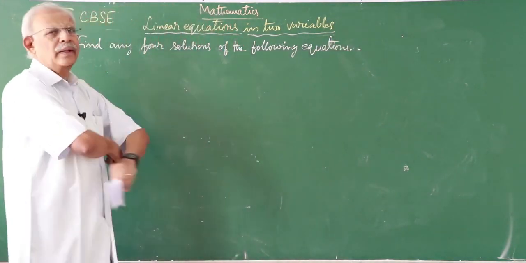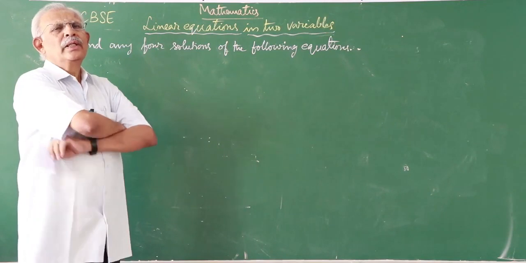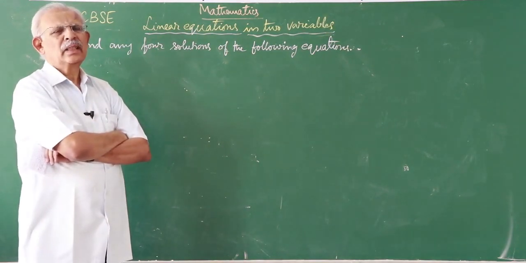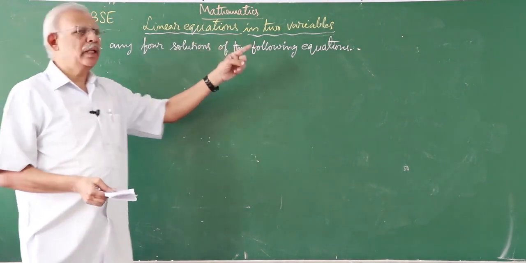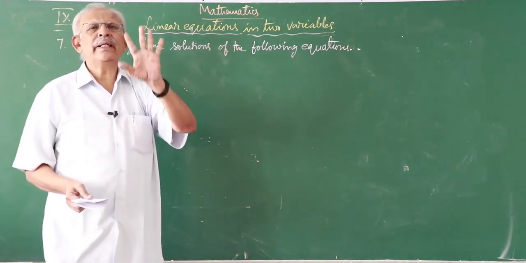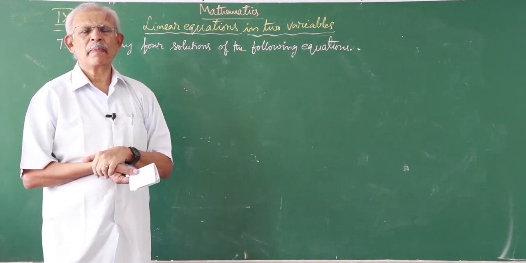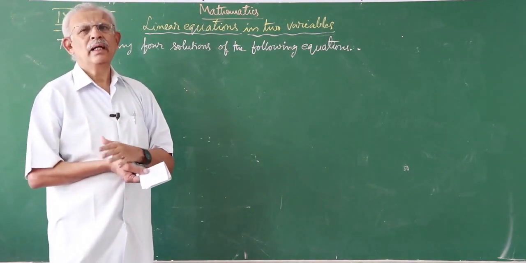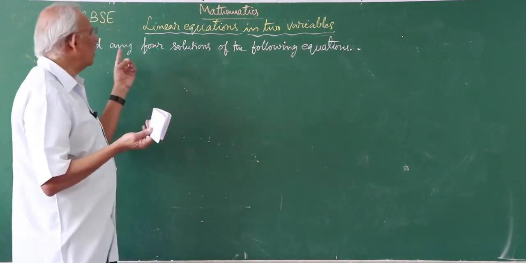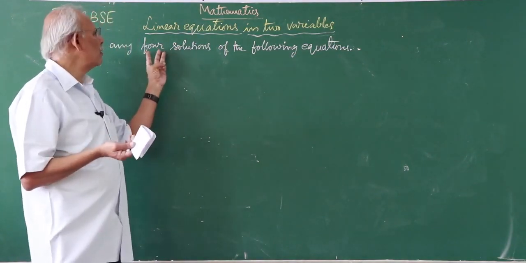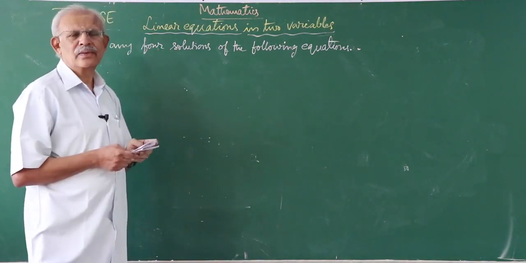Dear students, you have learned that a linear equation in two variables has infinitely many solutions. Then, you need not go for finding an infinite number. You just find any 4 solutions.